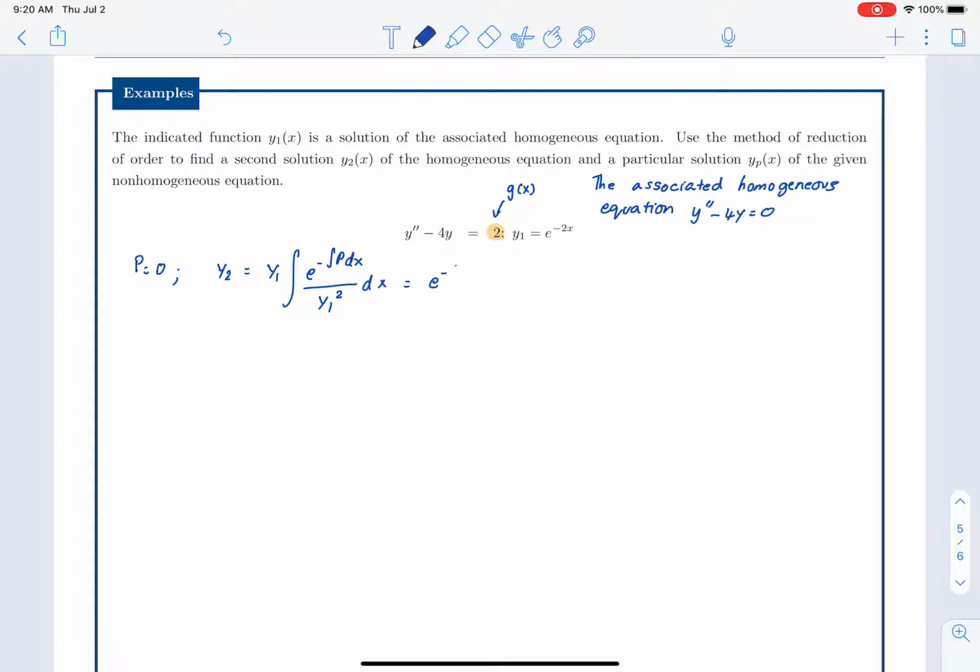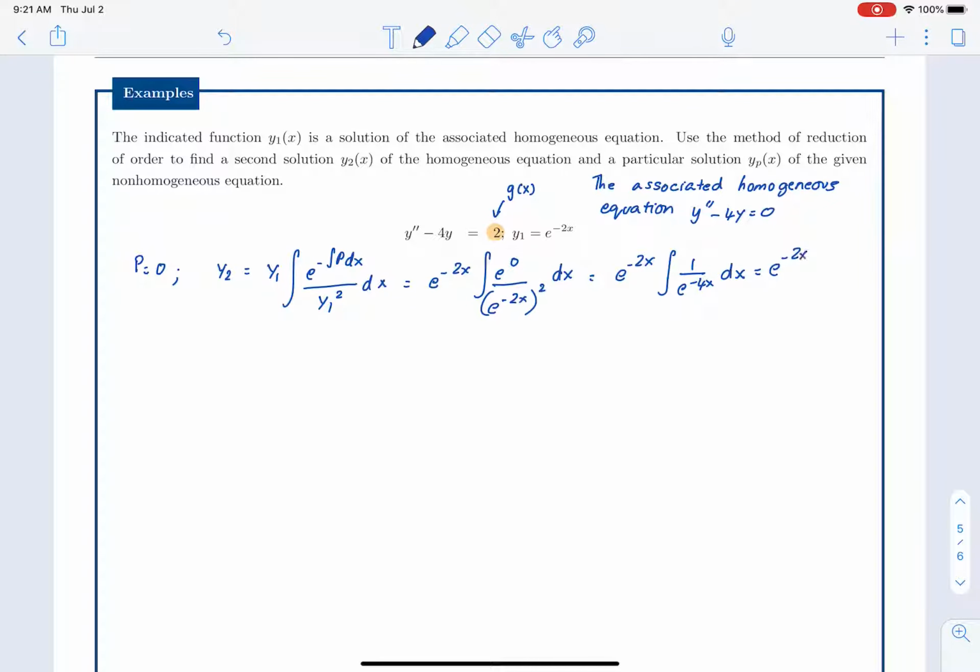So we have e raised negative 2x times the integral of e raised 0 divided by e raised negative 2x squared, which would equal e raised negative 2x times the integral of 1 over e raised negative 4x dx.